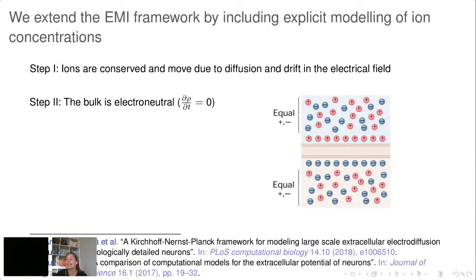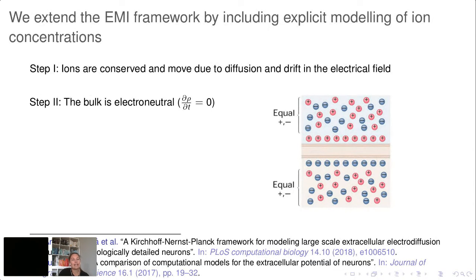And the advantage is that this results in a more numerically stable framework for coarser time and space resolution. So for example, in comparison with the PNP scheme, which actually resolves these charge relaxation processes, this is more stable for coarser time and space resolution, which allows for longer simulation on larger domains.